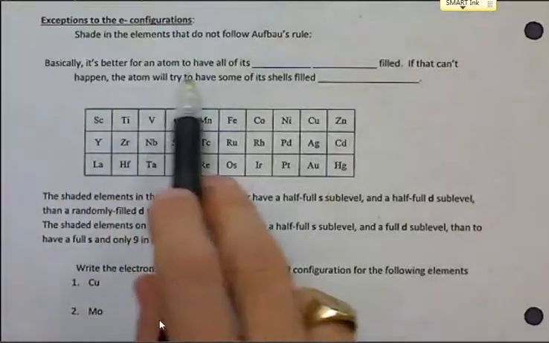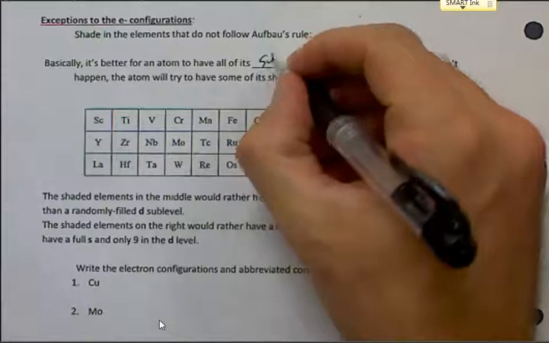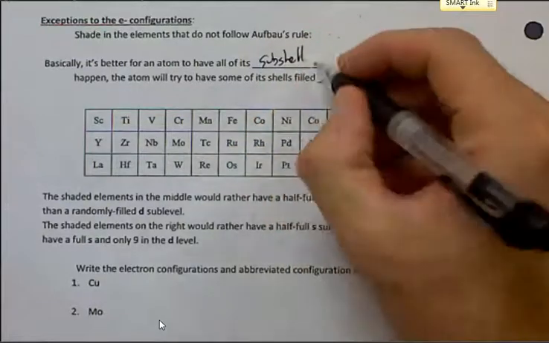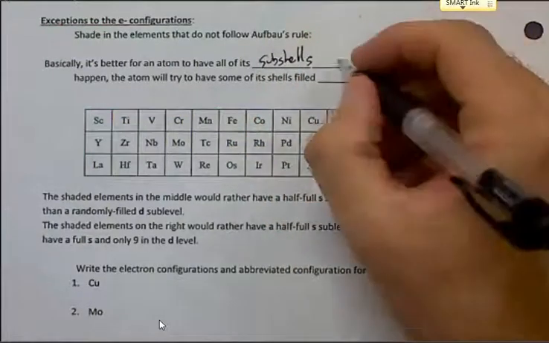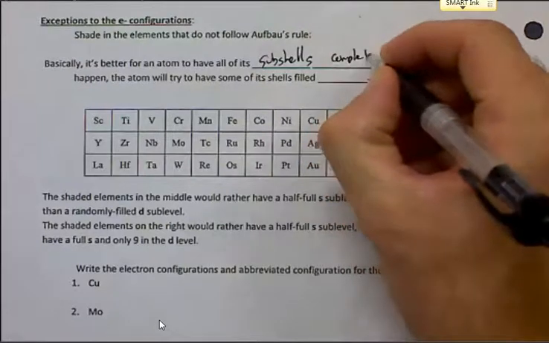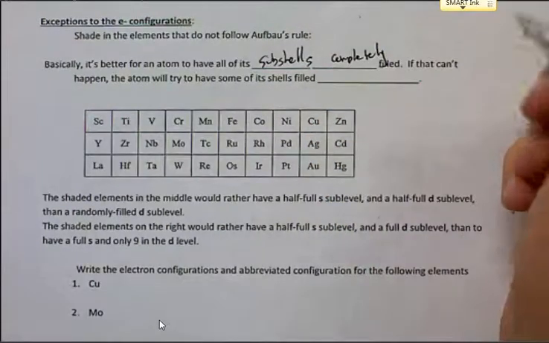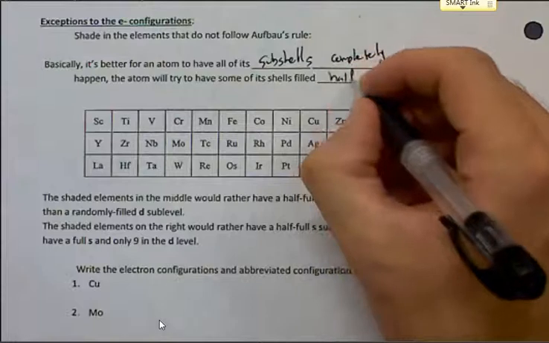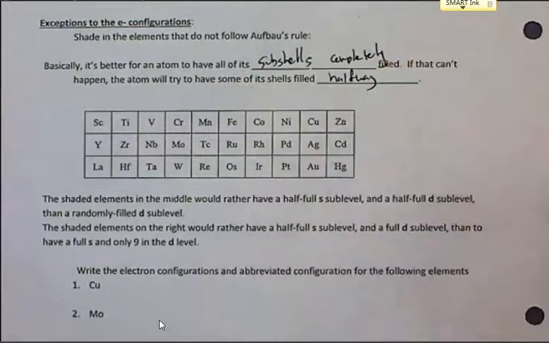Basically, it's better for an atom to have all of its subshells, so those are the S subshell, the P subshells, completely filled. If that can't happen, they're going to try and fill them halfway. So let's, for example, look at copper.